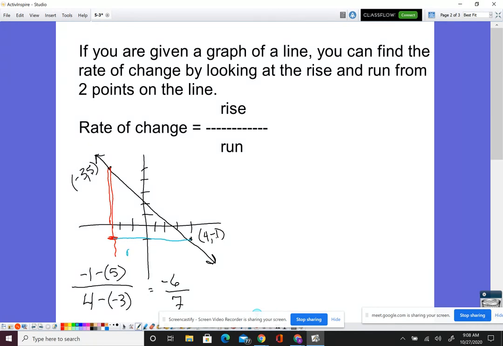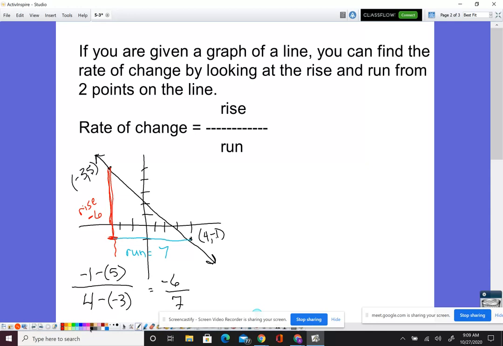This run that we have here, 1, 2, 3, 4, 5, 6, 7, and our rise, which was actually a fall of 6.